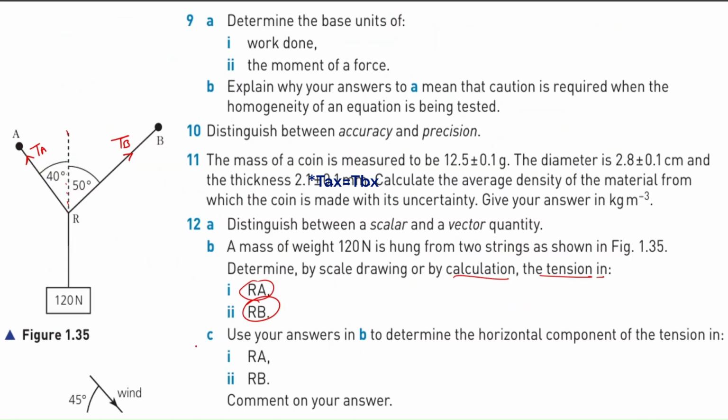Okay. The first answer we got: tension in RA and RB. Now in part C, use your answer B to determine the horizontal component of tension in RA and RB. Comment on your answer.